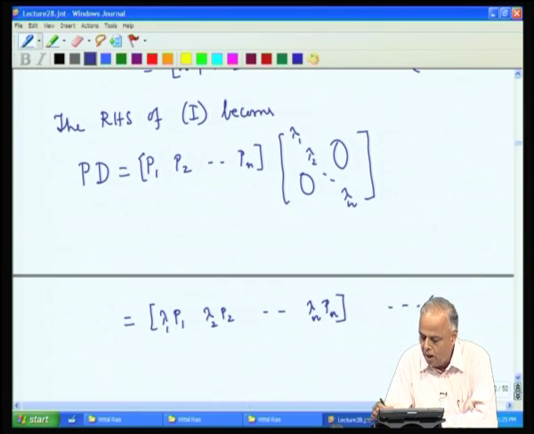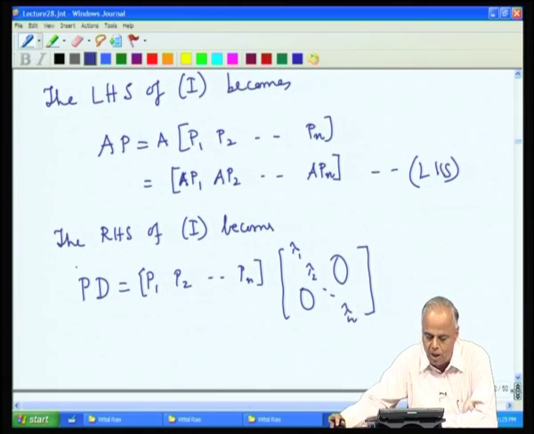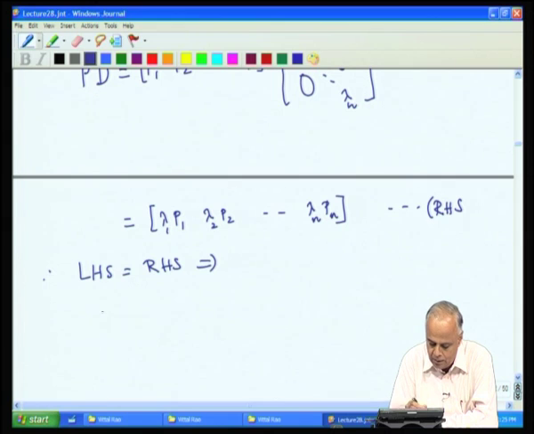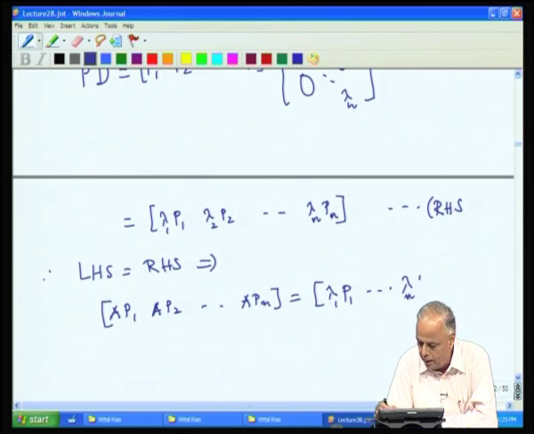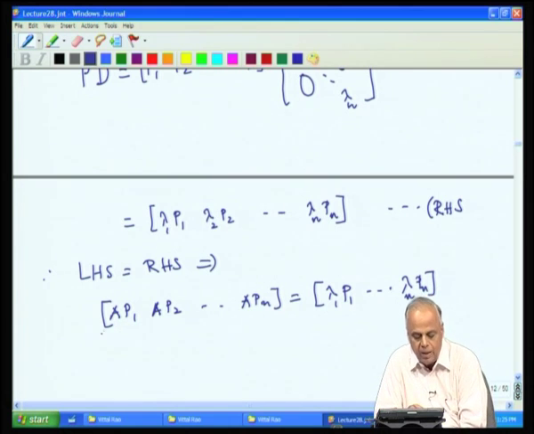So, this is the RHS and therefore, equating the LHS to the RHS, this implies the matrix A P 1, A P 2, A P n must be equal to the matrix lambda 1 P 1, lambda n P n. That means, the first column on the left hand side is A P 1 and the first column on the right hand side is lambda 1 P 1.